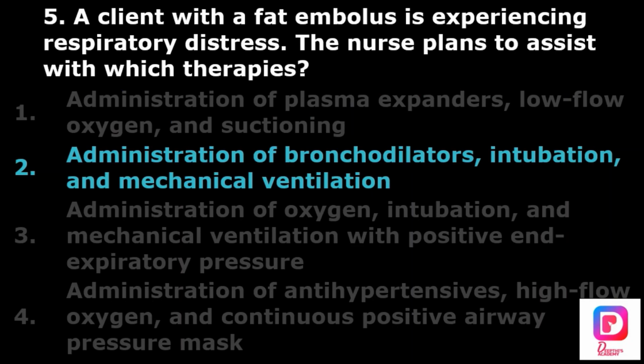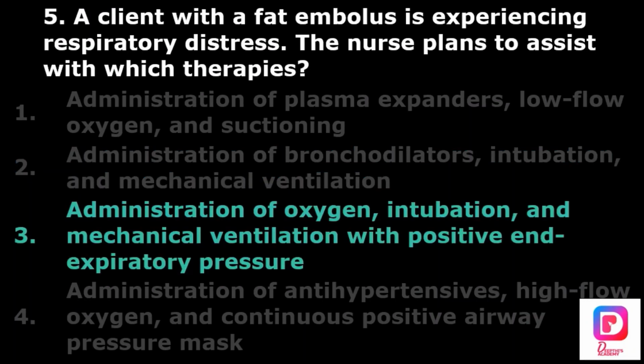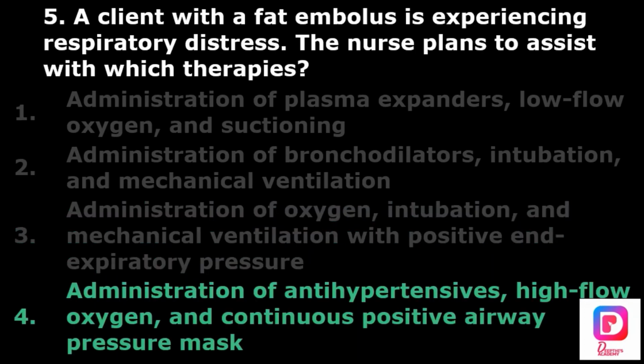Second option, administration of bronchodilators, intubation and mechanical ventilation. Third option, administration of oxygen, intubation and mechanical ventilation with positive end respiratory pressure. And the last option is administration of antihypertensives, high flow oxygen and continuous positive airway pressure mask.